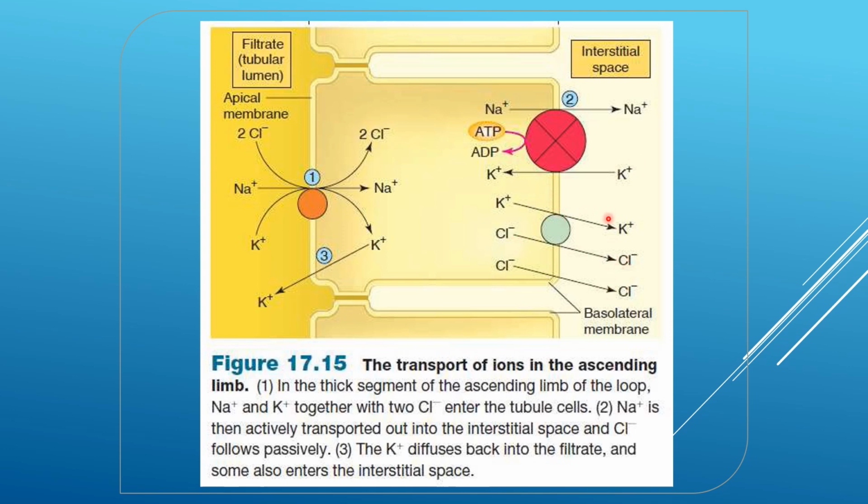Potassium diffuses back from the tubular cell into the filtrate, and some also enters into the interstitial space. So that's how sodium chloride are pumped out into the interstitial space from the ascending limb of the loop of Henle.